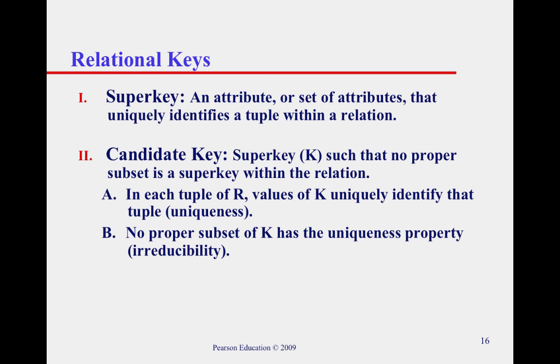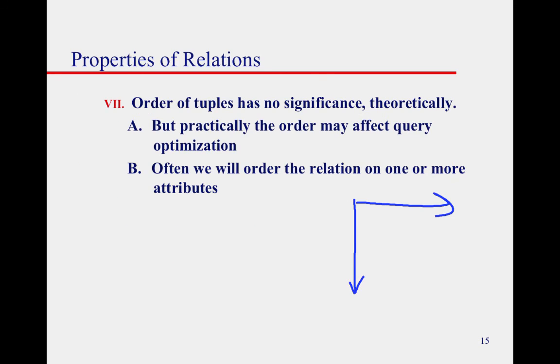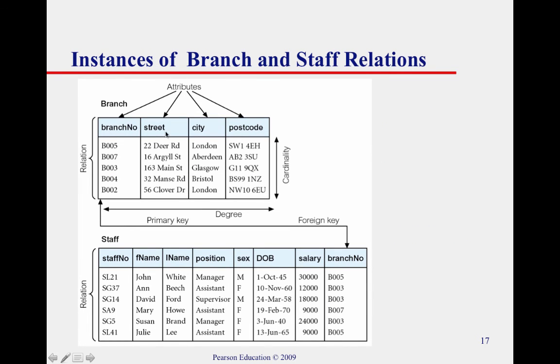So we would say that branch number is a candidate key because there is no proper subset that could uniquely identify it. Whereas we say that the superkey consisting of branch number, street, city, and postcode is not a candidate key because a proper subset of it, namely branch number, is uniquely identifying it.